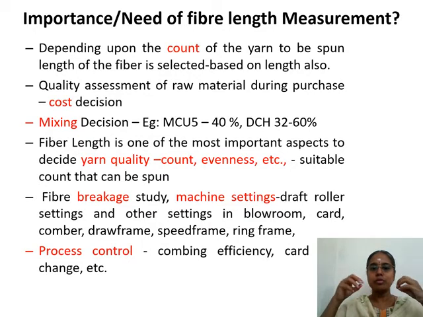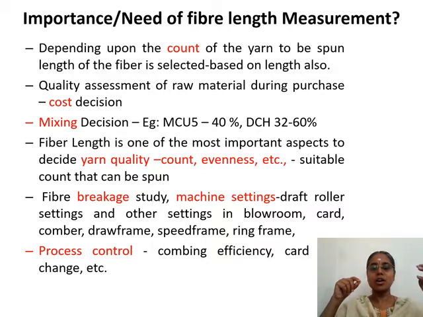You have to go for 2 or 3 mixings, and two is usually common. Based on the length, say DCH and MCU5 are 2 varieties of cotton. You mix those 2 varieties in the blow room, and this mixing decision, how much percentage for the required quality of yarn, is also decided based on this length.